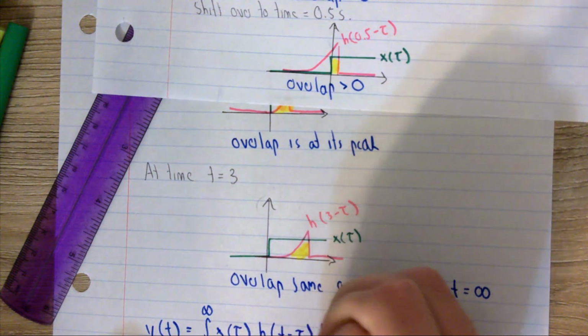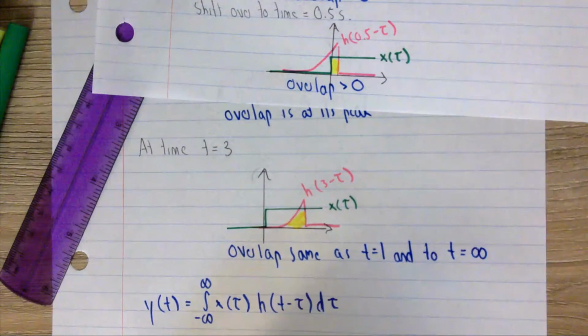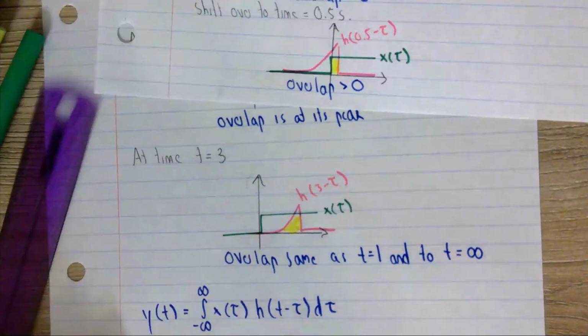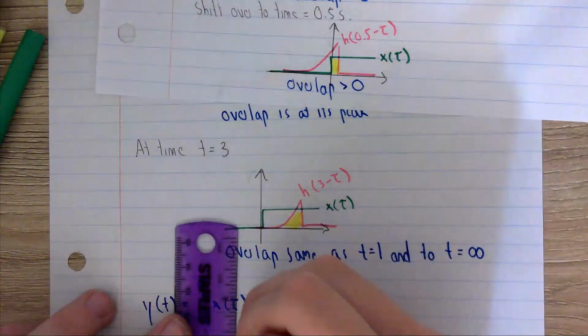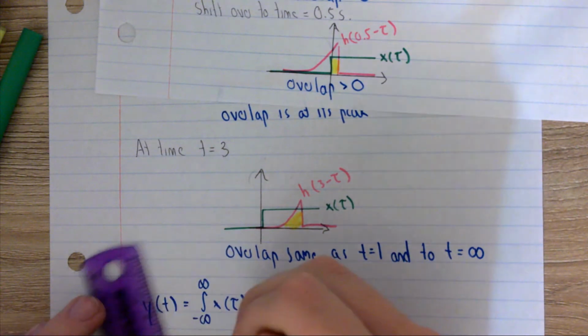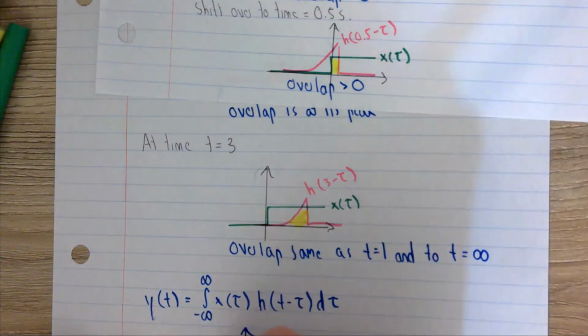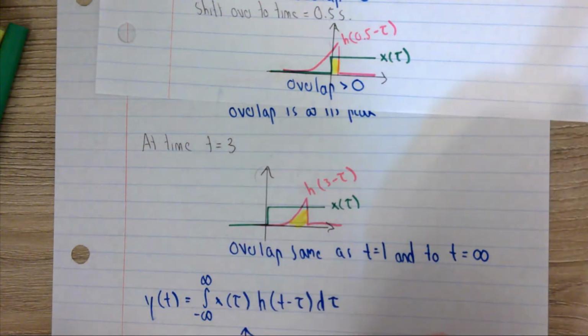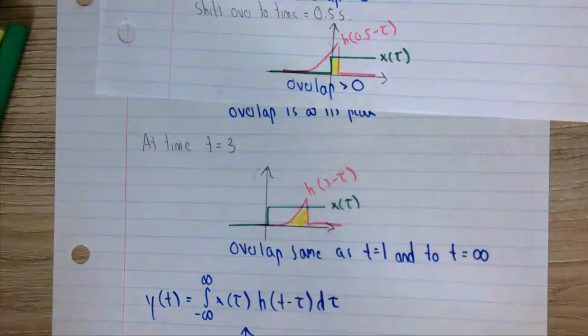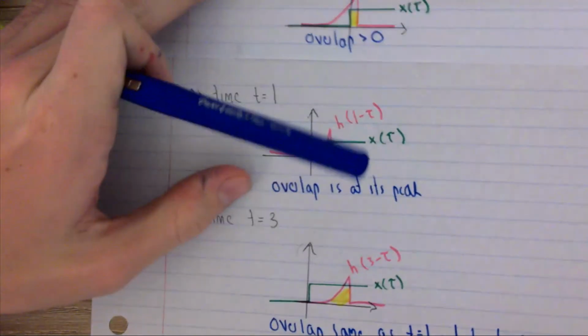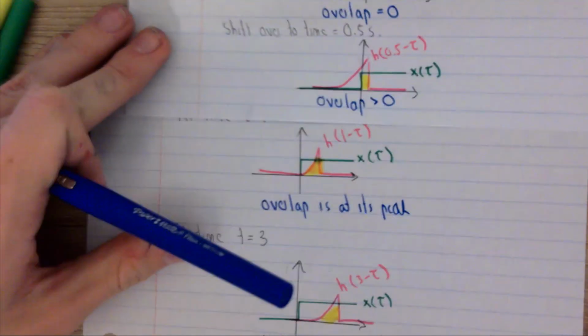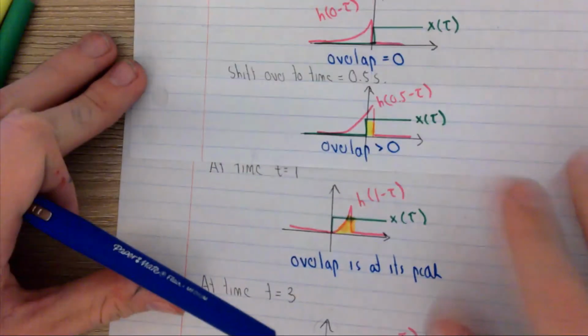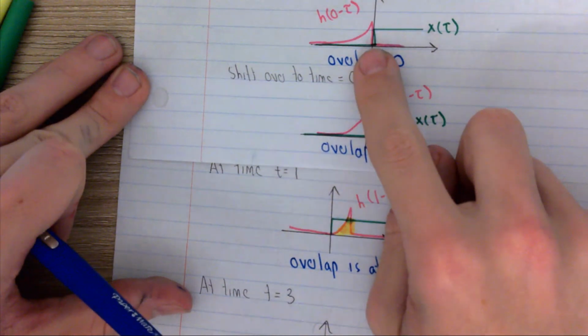If we now look at the area under the curve, look at all of them at once. Well, I'll try my best to. In the beginning, at time t equals 0, there was no overlap, right?